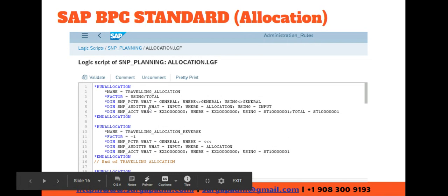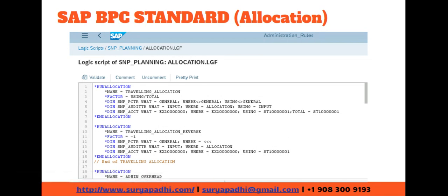So if you read this script logic, what it is doing here is: what is to be allocated. So here I am collecting the numbers for the intersection of general input and expenses.